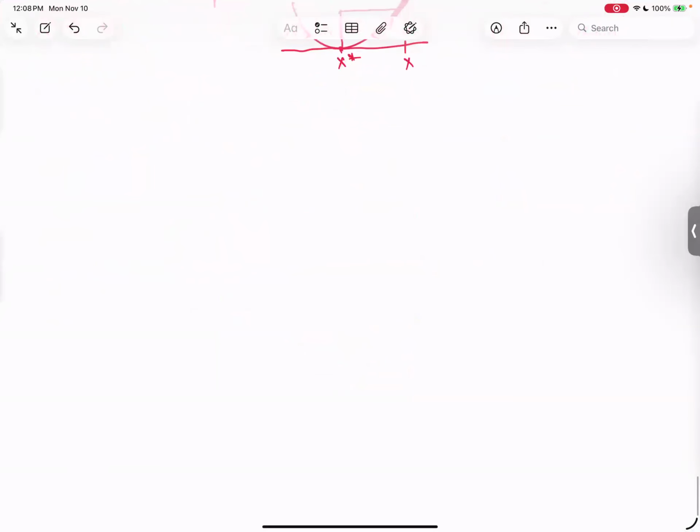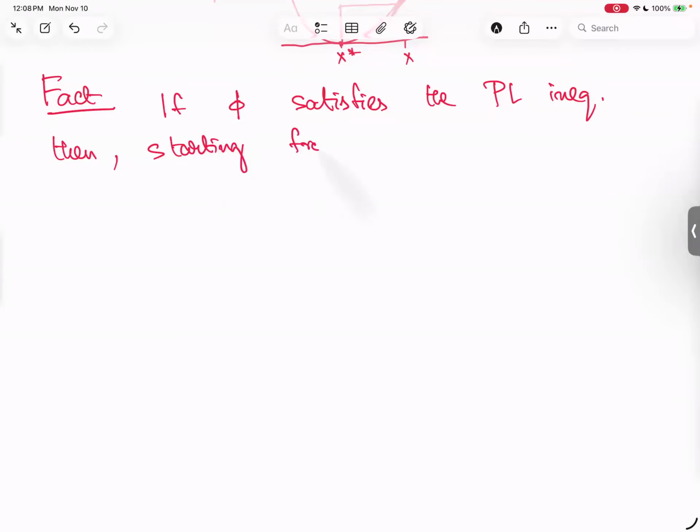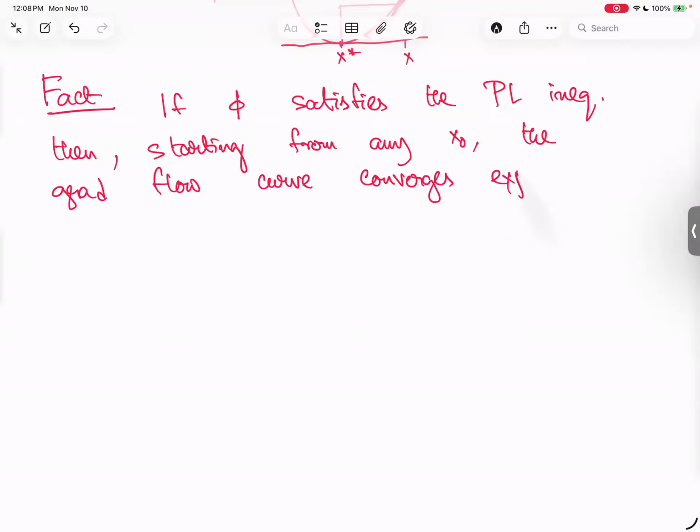Fact 1: if phi satisfies the PL condition or PL inequality, then starting from any x naught, the gradient flow curve converges exponentially fast to x star.